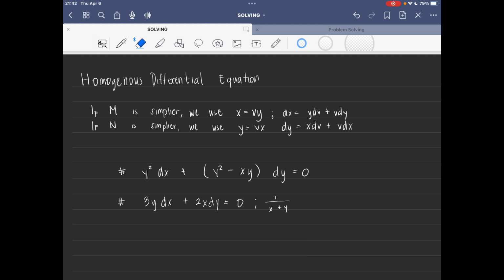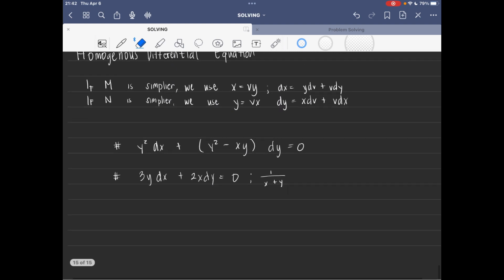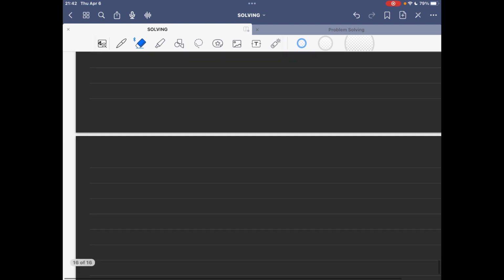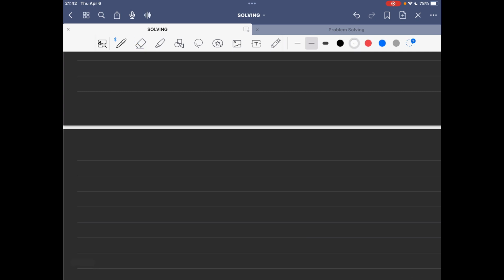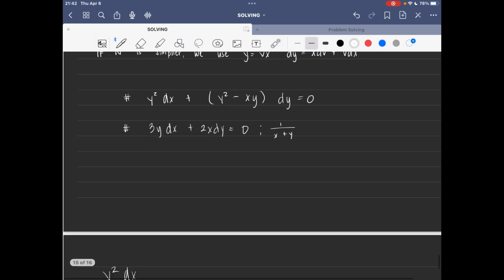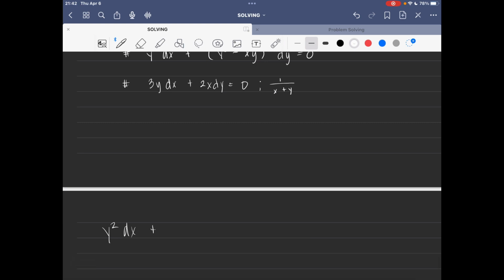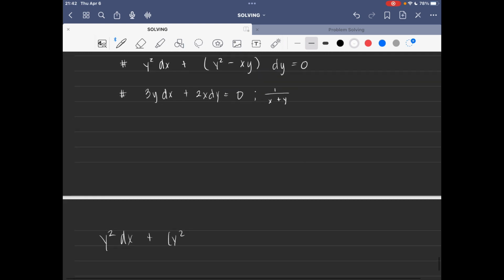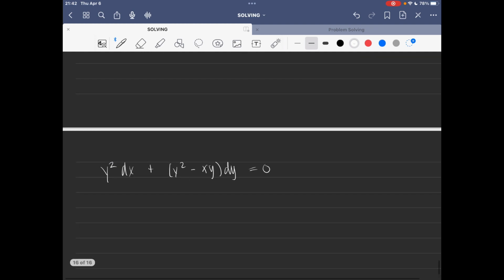So here in problem 1, we have y squared dx plus (y squared minus xy) dy is equal to 0.